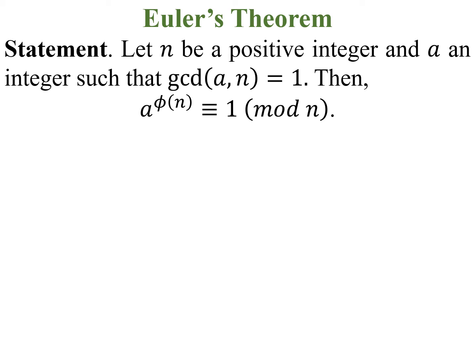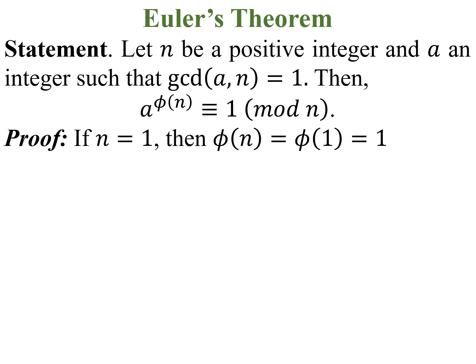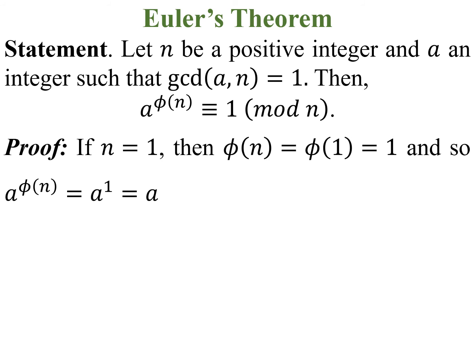Like Fermat's little theorem, you have to again find the multiples of a. If n is equal to 1, what do you get? Phi of 1 is 1. So it becomes a raised to phi of 1, meaning a raised to 1, which is a.